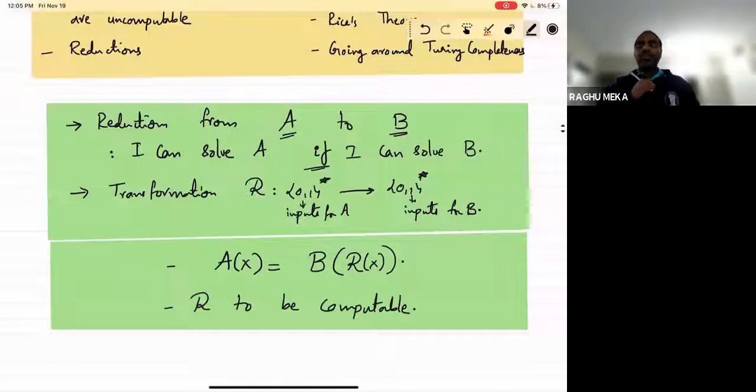Right, so these are the properties of the transformation that we need, and once we have this, we have our punchline, which is if I can solve B, then I can solve A.